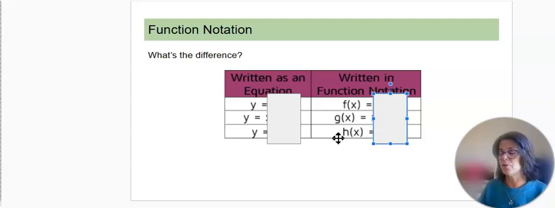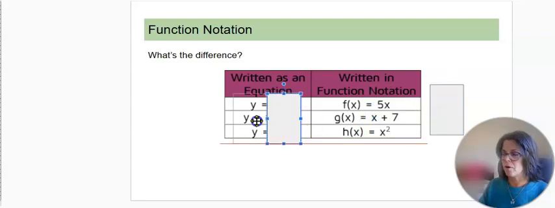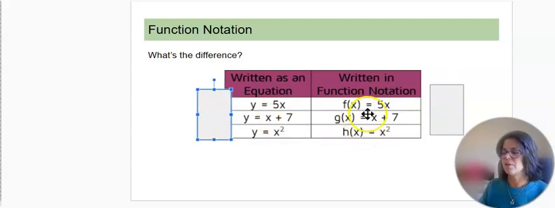You still are using the x to plug in a number, but the f, g, and h are the names of these equations. So this first function is called f. This second function equation is called g, and this one is called h. I know it looks complicated, but I promise you that f of x means the same thing as y.